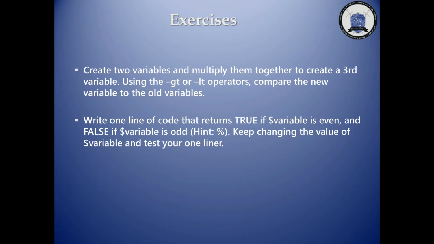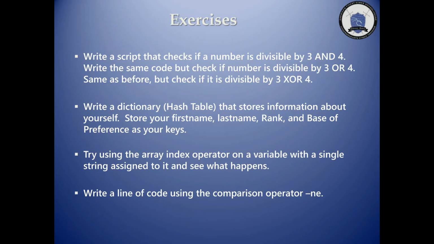The next one, you're going to write 1 line of code that returns true if the variable is even and false if the variable is odd. Make sure that you use the modulus operator, which returns the remainder. Keep changing the value of the variable and test your one-liner. And then there are 4 more exercises to do on that page too. So go ahead, see if you can figure those out, and then we'll go on to the next section.